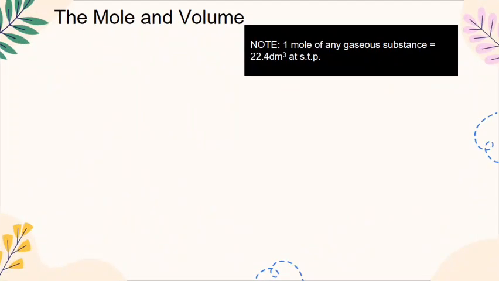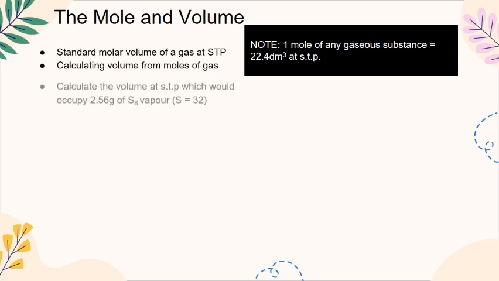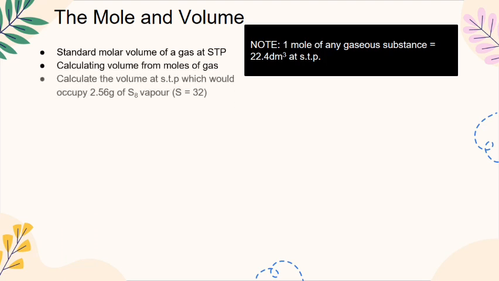Okay, the mole and volume still continue. Now we have another example here. Calculate the volume at STP which would be occupied by 2.56 grams of S8 vapor.